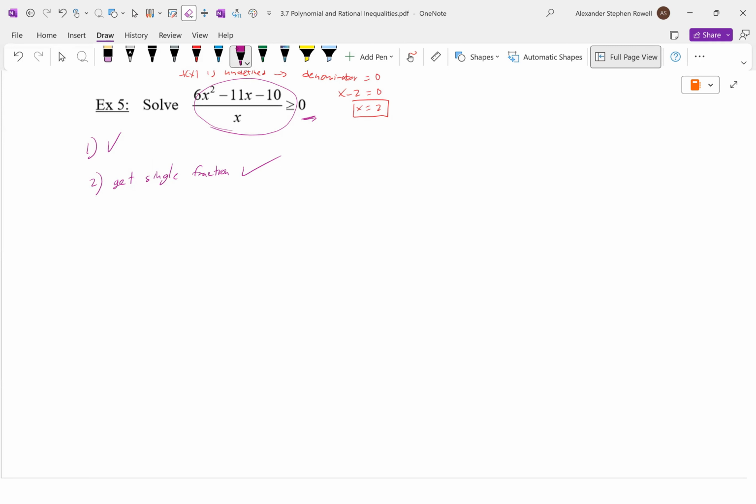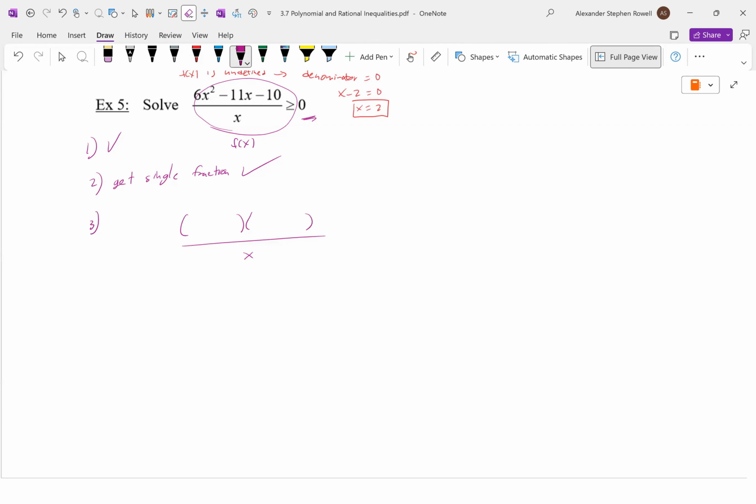Yes. Okay, so step 3 would be what? We want to find the zeros and where it's undefined. Can I factor 6x squared minus 11x minus 10? Is that factorable?